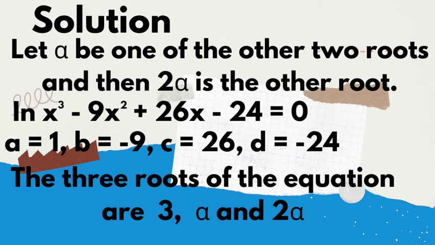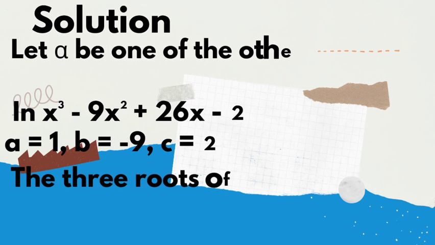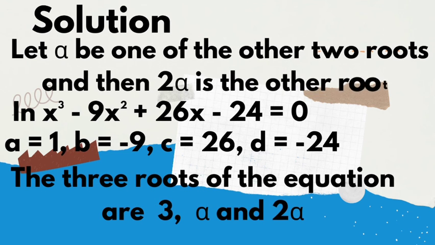In x raised to 3 minus 9x squared plus 26x minus 24 is equal to 0, the coefficient of x cubed there is a, and that is 1. The coefficient of x squared is equal to b, and that is minus 9. The coefficient of x is 26 and c is 26, while d is minus 24.